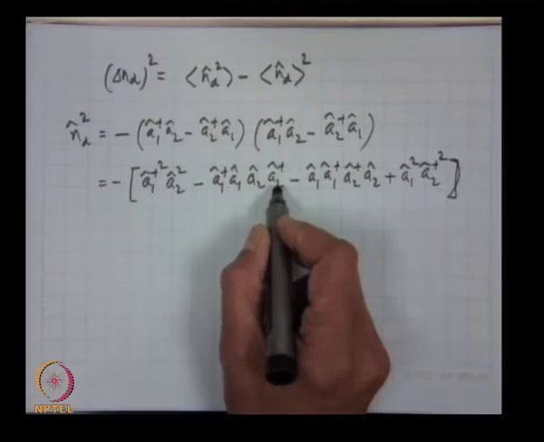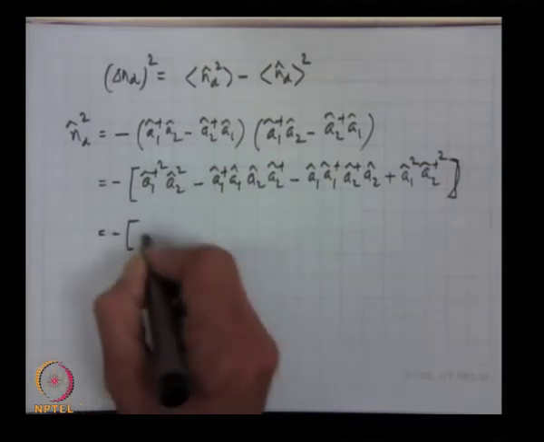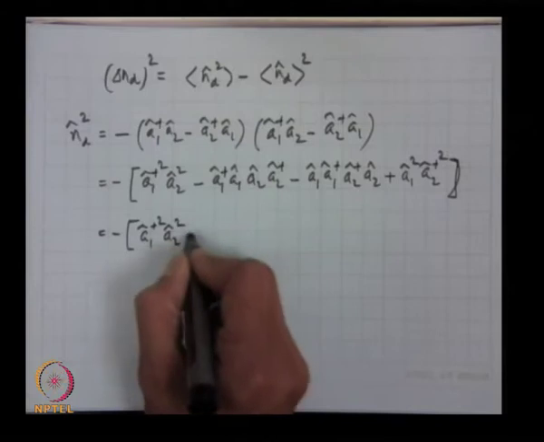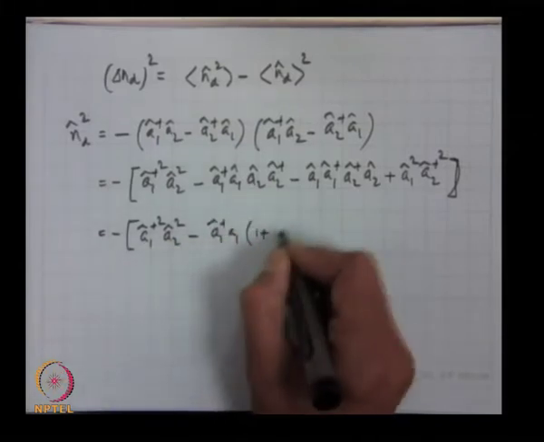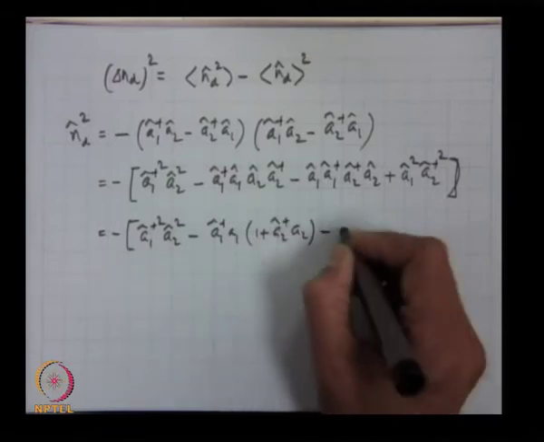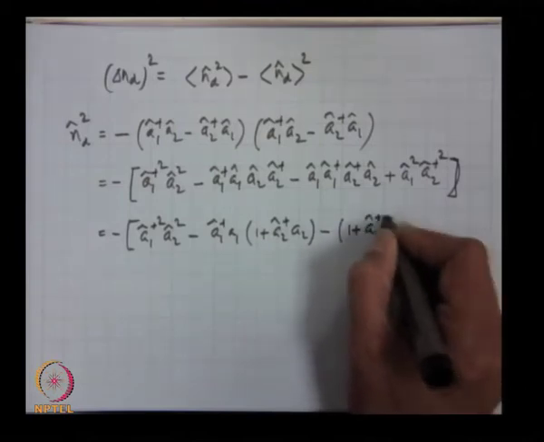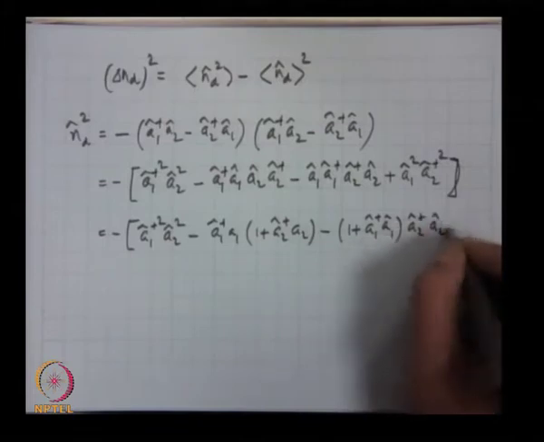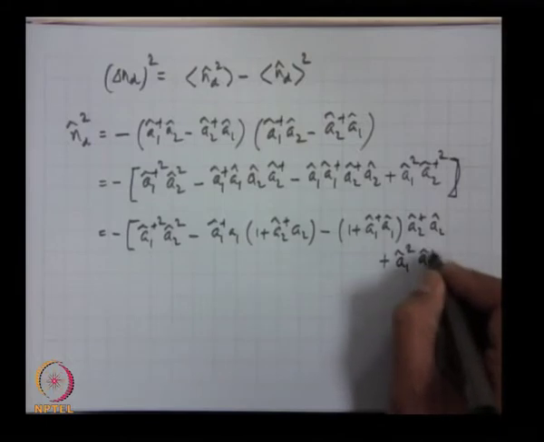1 plus A2 dagger A2, and similarly this A1 dagger I will replace. So this is minus A1 dagger square A2 square minus A1 dagger A1 into 1 plus A2 dagger A2 minus 1 plus A1 dagger A1 into A2 dagger A2 plus A1 square A2 dagger square.